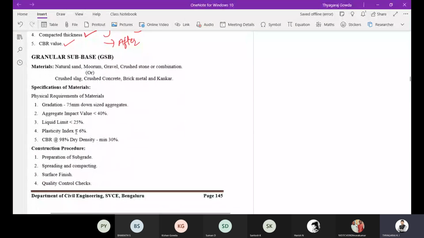Next one is GSB. What do you mean by GSB? We have already constructed the subgrade. Above that a GSB layer is constructed, which is full of aggregates. Using the aggregates and soil we construct the GSB layer.